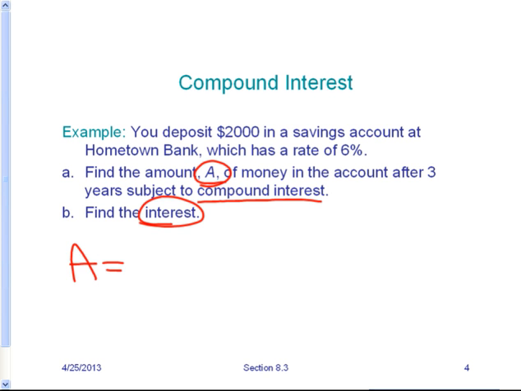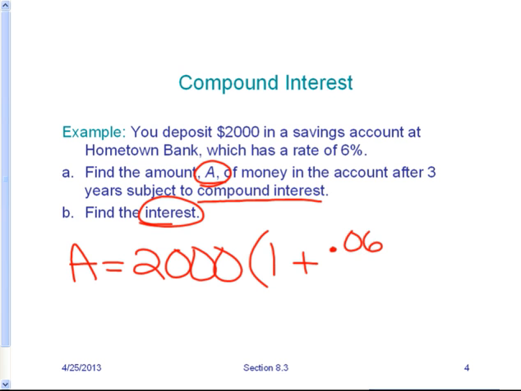So A is equal to the principal, which is 2,000, times 1 plus the interest rate. Remember, it has to go in as a decimal, divided by N. N is the number of times it's compounded per year. It's compounded annually, so N is equal to 1.